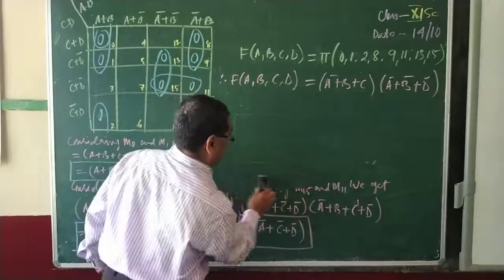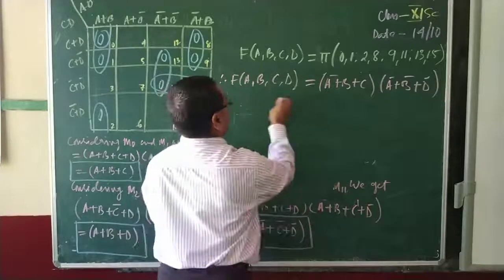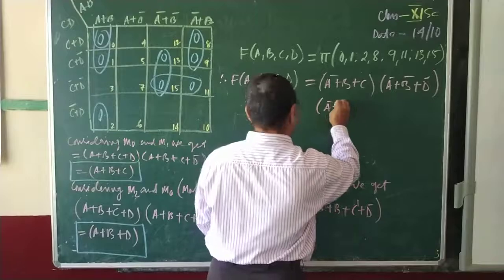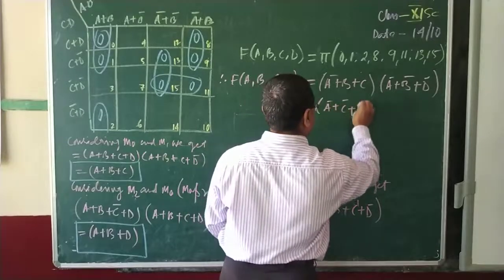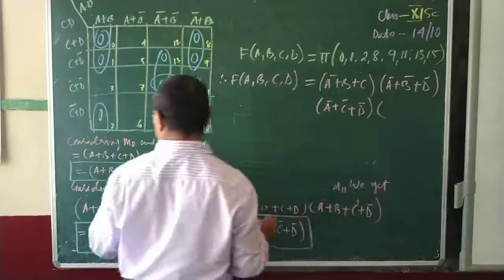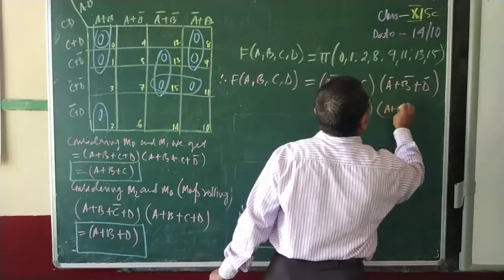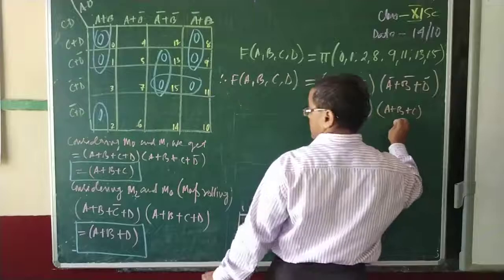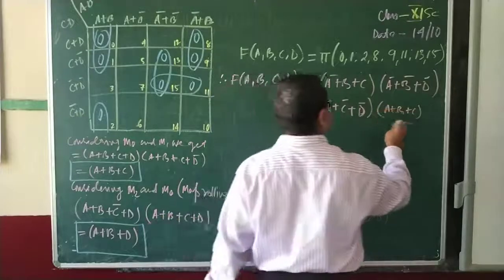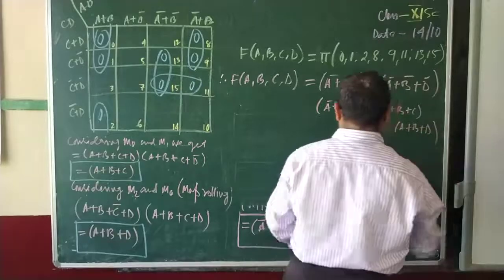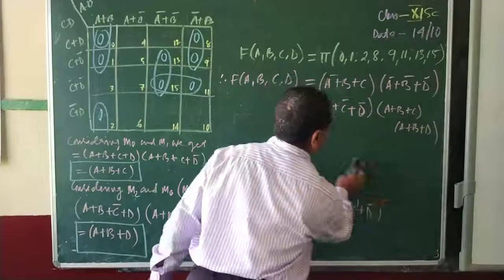Now here, multiplication, A complement plus C complement plus D complement, and A plus B plus C, and then one more, A plus B plus D. So this is all together. Now this is the answer of the first part.